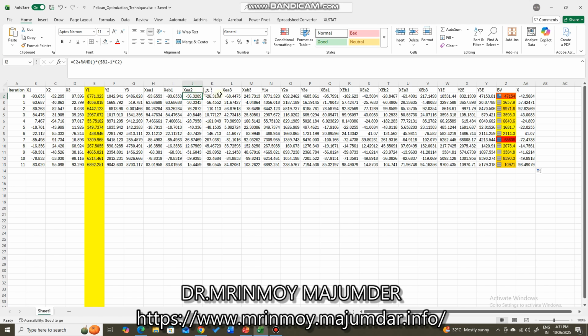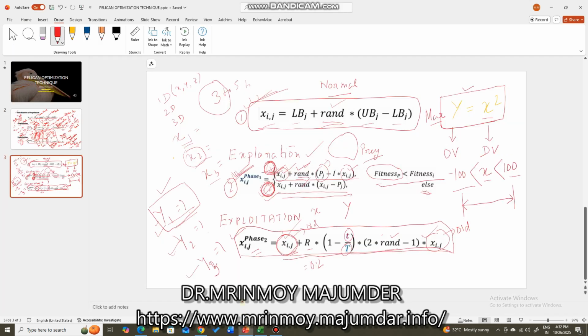Similarly for the second agent I have used this, for the third agent I have used this. If there are 4, 5, 6 agents I would have used it like that. Then at the time of calculating y I have used this check. You see this check, this one.